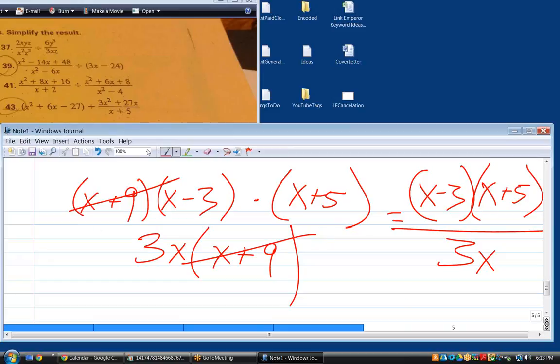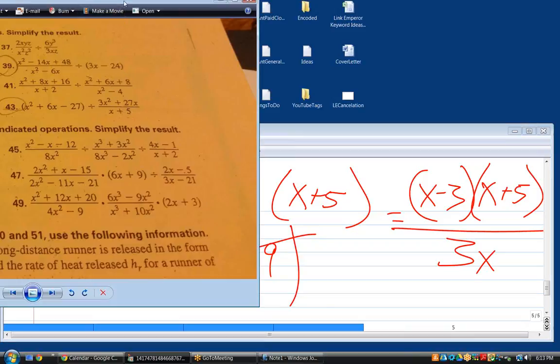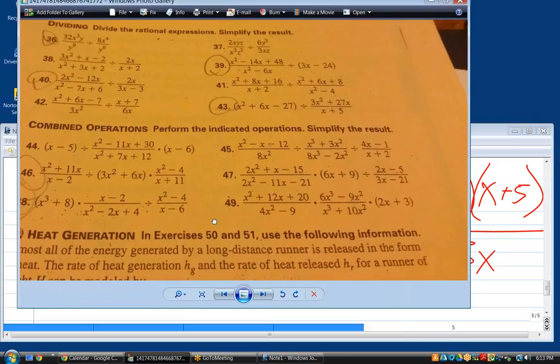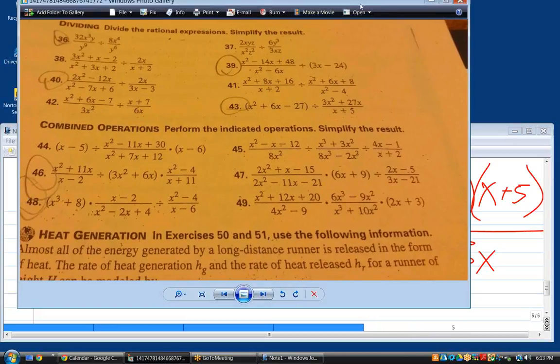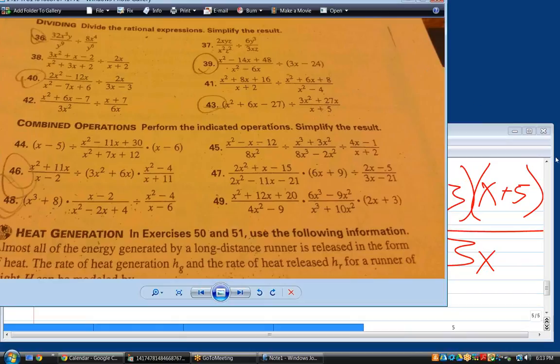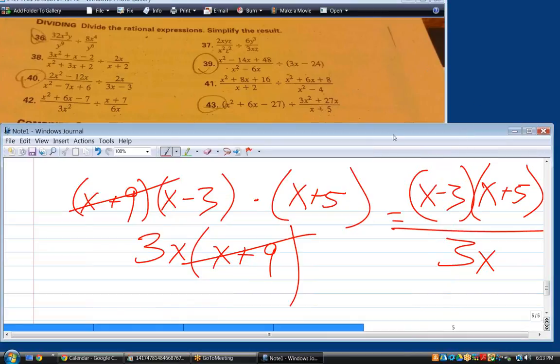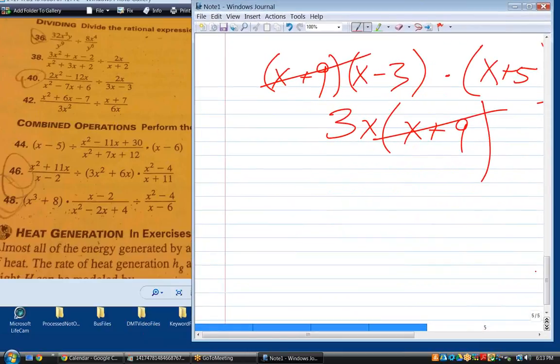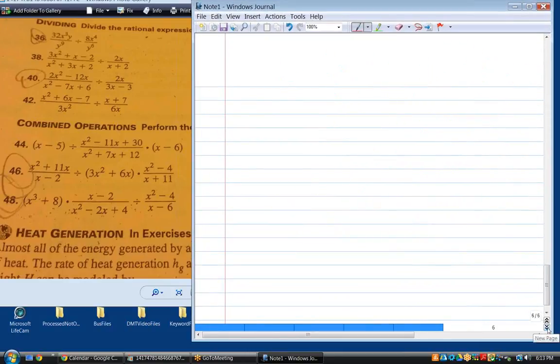Alright. All right, let's see. 46. All right, so let's factor as we write here.